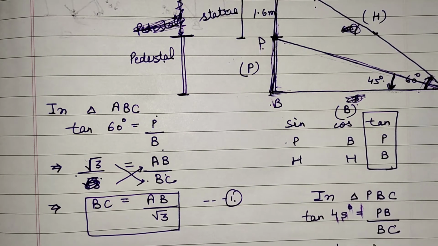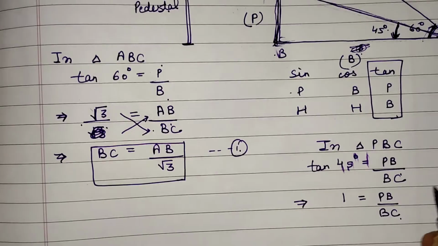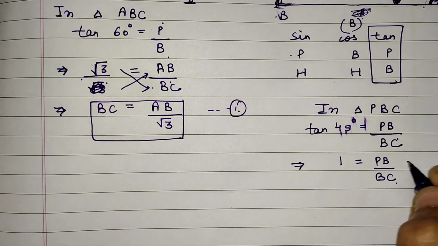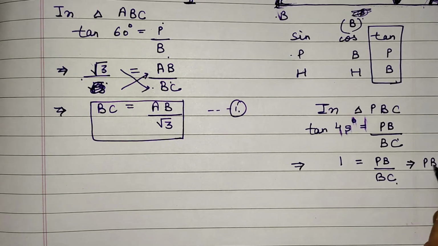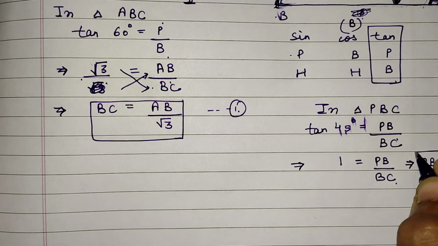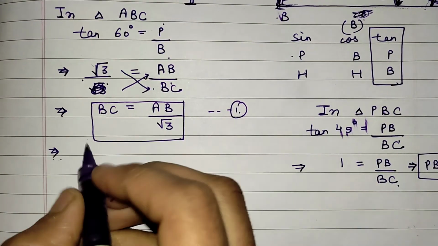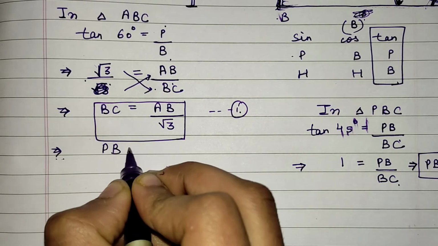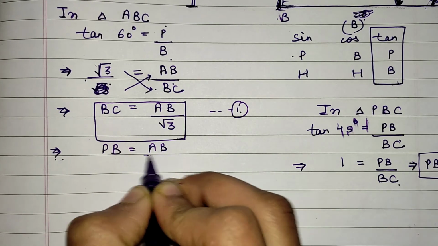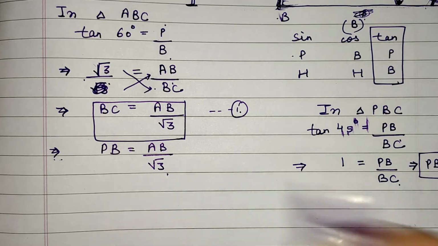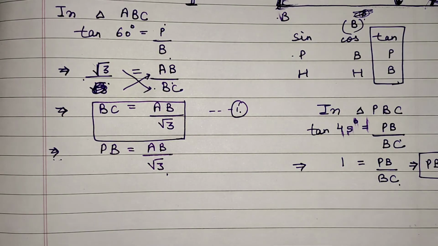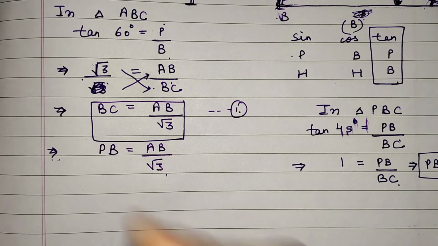So tan 45 is equal to 1, equal to PB by BC. That means PB is equal to BC. If I put the value here, I will get PB is equal to AB by root 3. So it is 1/3 of the complete side.